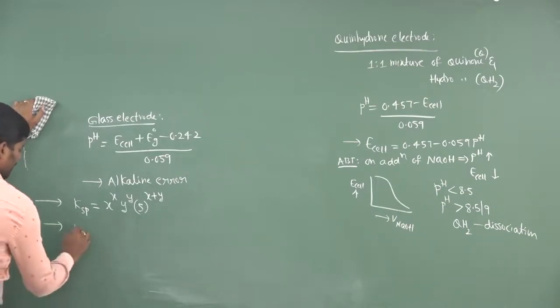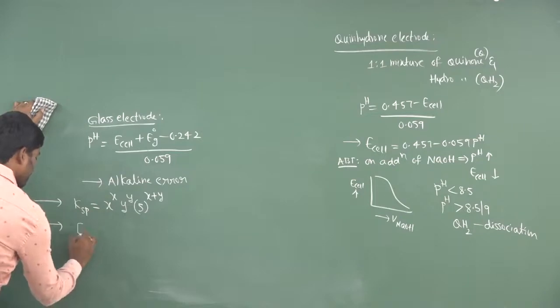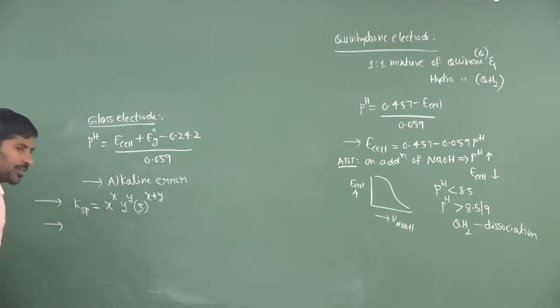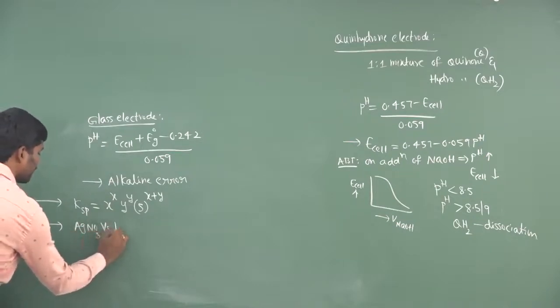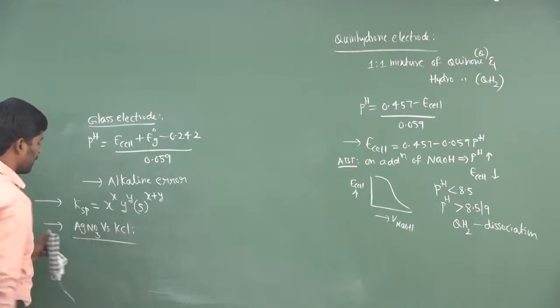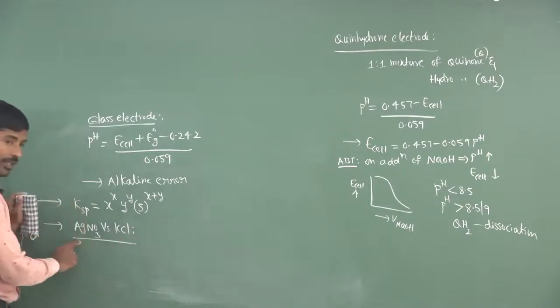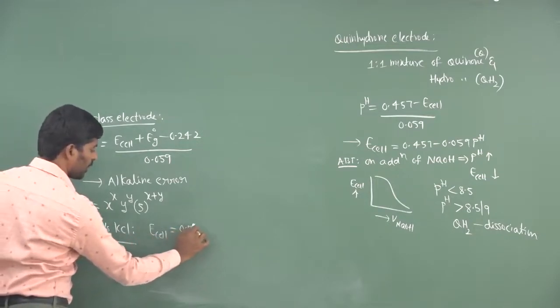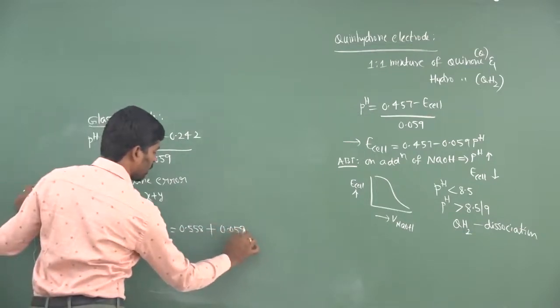So we discussed precipitation titration, silver nitrate versus KCl. During titration, the concentration of Ag plus ions decreases. The expression for cell potential is 0.558 plus 0.059 log concentration of Ag plus.